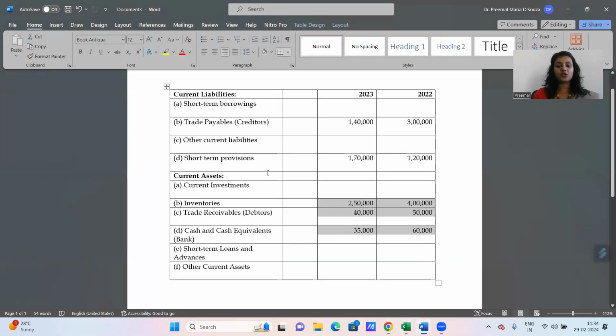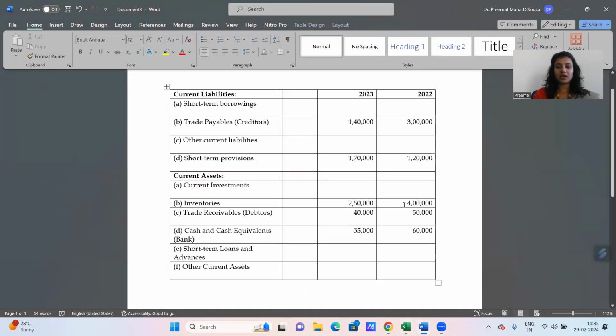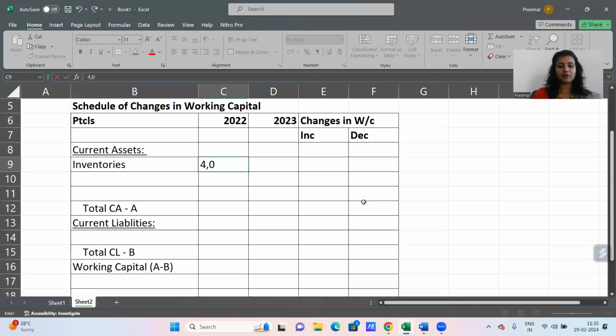Now you should ensure that you copy the right value into your schedule, because in the question, they give you the latest year first and then the previous year. But when we prepare the schedule of changes, we write it in chronological or ascending order, so the previous year comes first and then the current year. Therefore, the inventory value that we will be transferring will be 4 lakh and then 2 lakh 50,000.